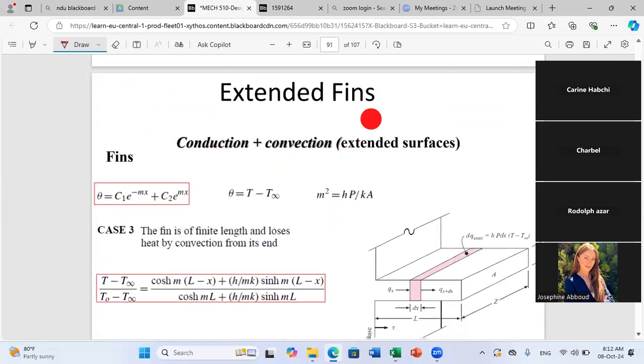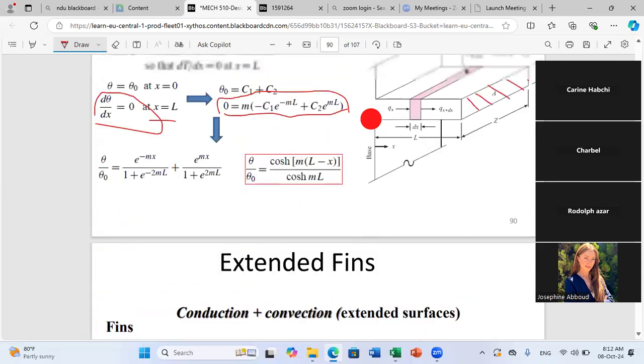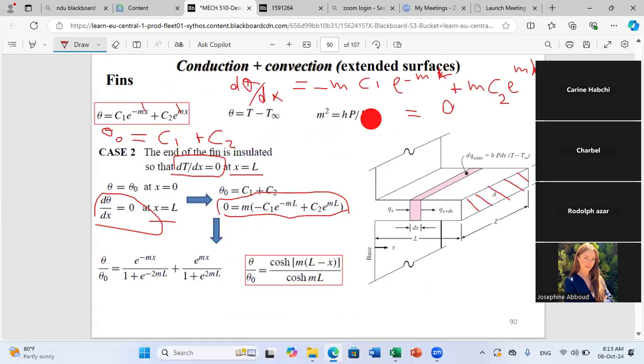Now, Doctor, concerning these conditions, we can easily identify from the given which one to use. Yes, of course. If they give you a certain length of the fin, not infinite, if they don't tell you the fin is very long, for example the length of the fin is 100 millimeter, you cannot consider that it's an infinitely long fin.